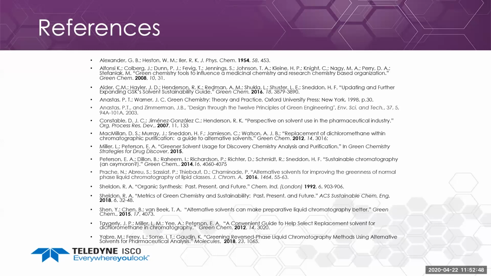For the scouting runs on the prep system, you'd only be using liquid phase sample. If you ran it on a 4-gram column, I would suggest using a solid load cartridge, because that's going to help eliminate any traveling of your compound due to the solvent strength of your dissolution solvent. If you can eliminate that aspect, it's going to scale up a lot easier.